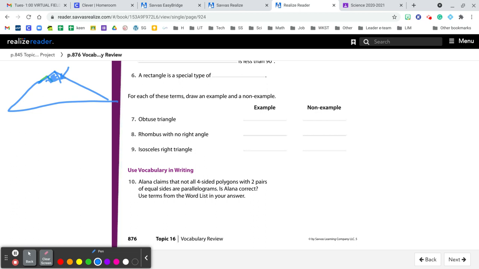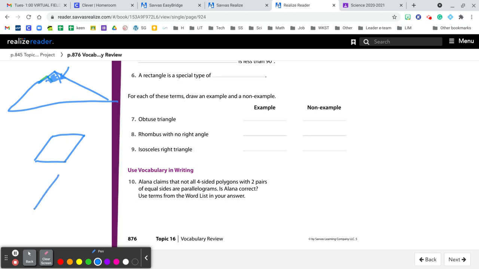A rhombus with no right angle. A rhombus is not supposed to have a right angle. So a rhombus with a right angle could be a square. That's why they're being sneaky there. And an isosceles right triangle.